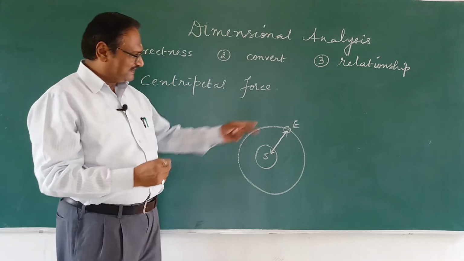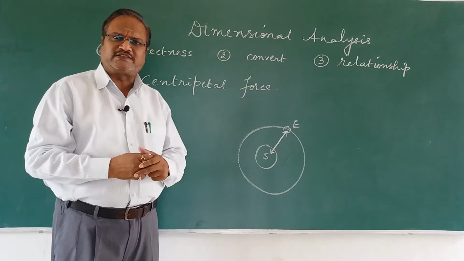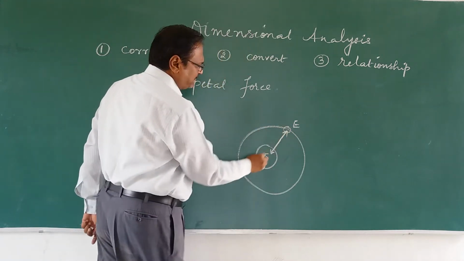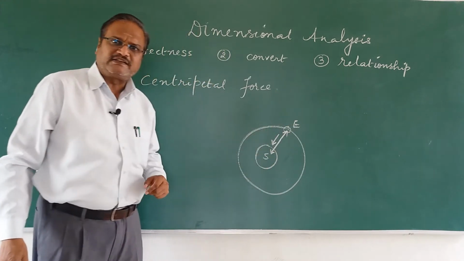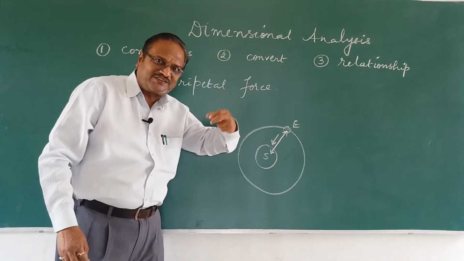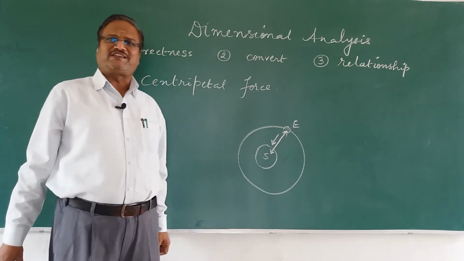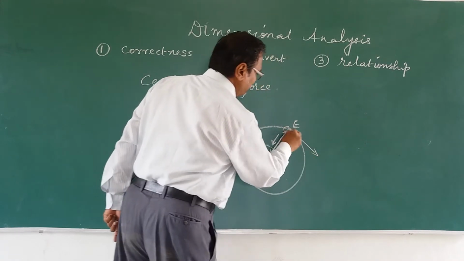It acts between any two bodies. If this force is there, it will attract, and the earth will fall into the sun. No, it is not falling. Why is it not falling? Because it is in circular motion.